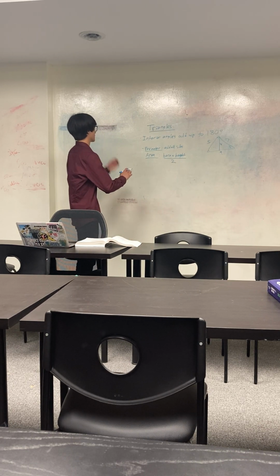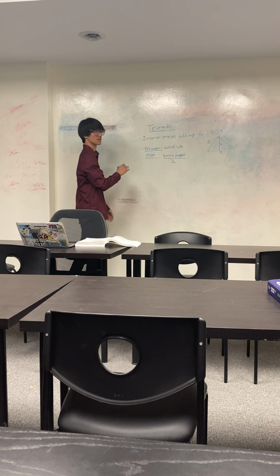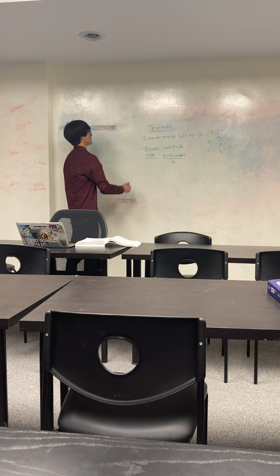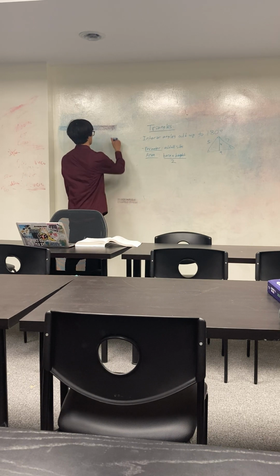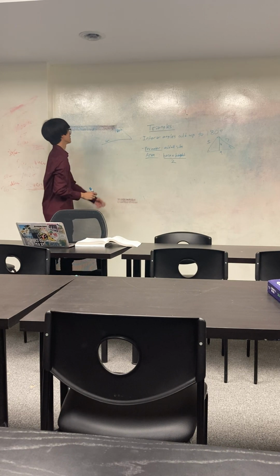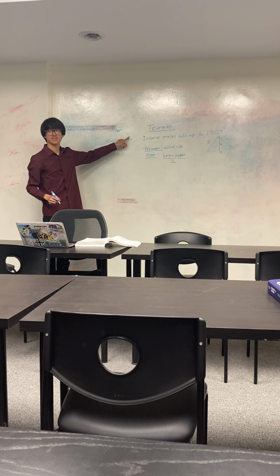Before I move on, let me show you another kind of problem you might see on the ASVAB. With the interior angles of a triangle, sometimes they'll give you, let's say, 50 degrees for this one and 100 degrees for this one, and you have to find the missing angle.